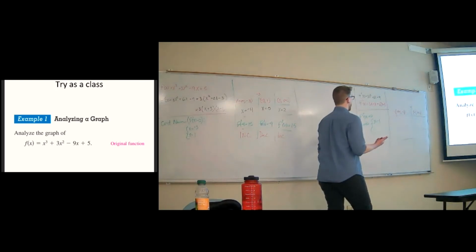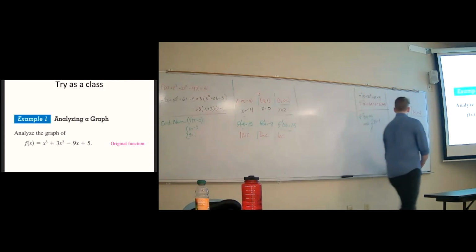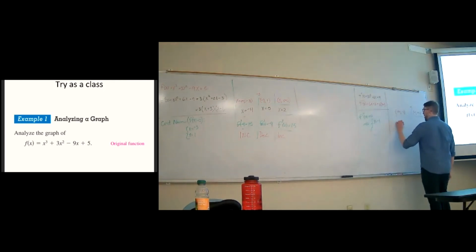I say let's go with negative 2 and 2. Or negative 2 and 0. That would be nice too, right? Let's go with negative 2 and 0. X is equal to negative 2. X is equal to 0.